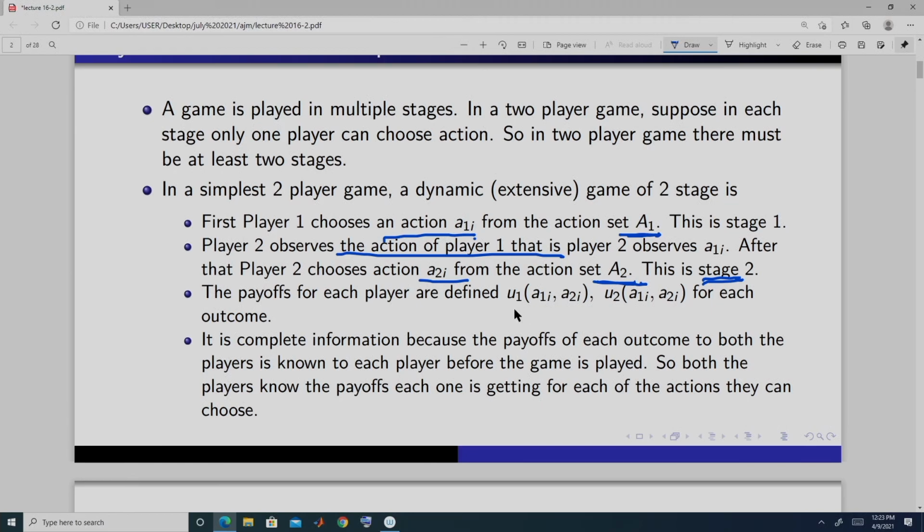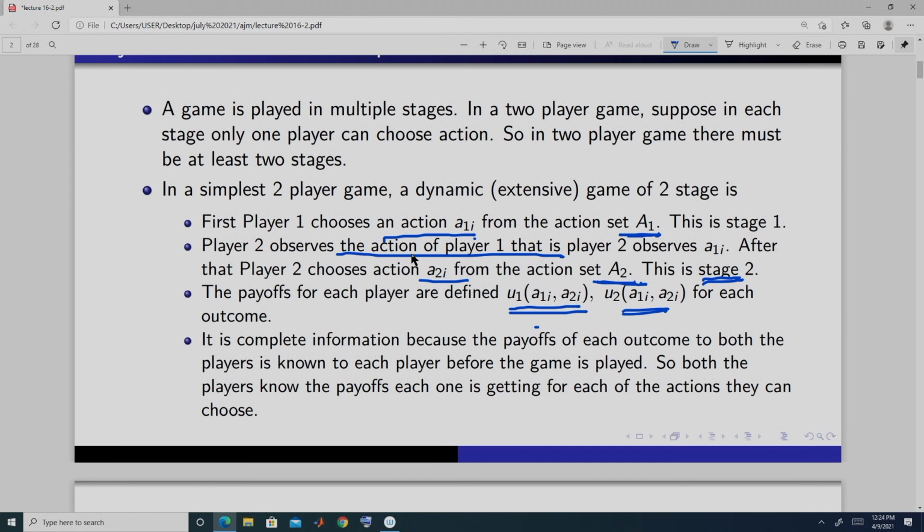We define the utility function or payoff function for each player and for each outcome. Here player 1 moves first, player 2 moves second, and player 2, while making a decision, knows the action chosen by player 1. So this is a complete and perfect information game. Why complete information? Because the payoff of each player for each outcome is known by both players.